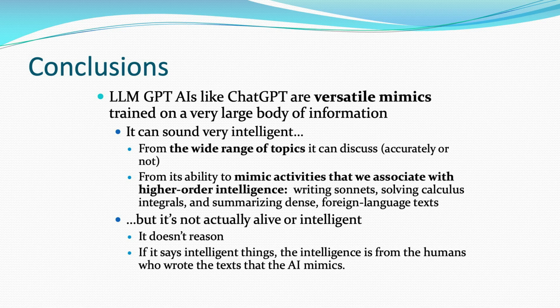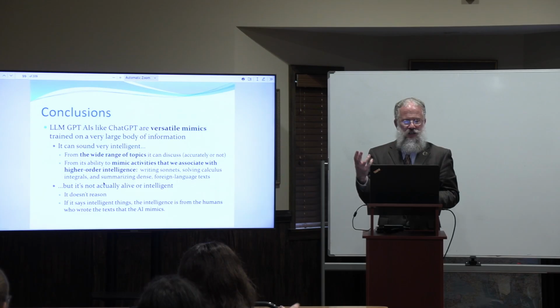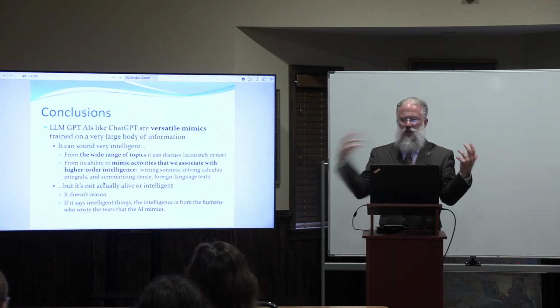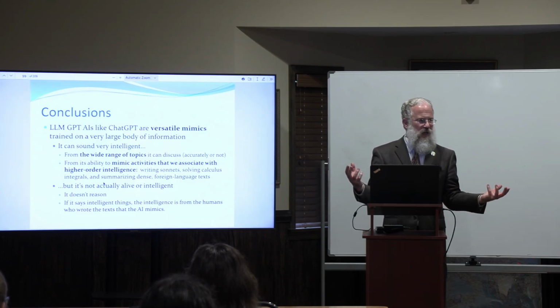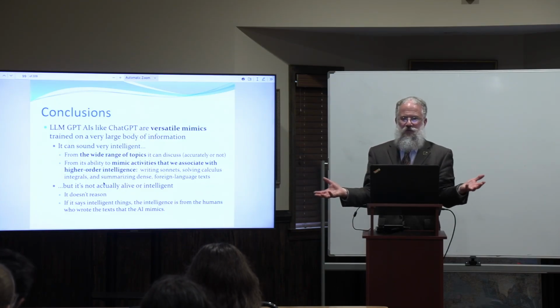Emphasis on sound intelligent. And it has this wonderful ability to mimic all these activities that we associate with higher order intelligence, right? And that's what makes it so believable. Because if you encountered somebody that can write sonnets, solve calculus integrals, do code, summarize dense foreign language text, write Latin poetry, you'd be like, well, this guy knows what he's talking about. He's really quite bright.